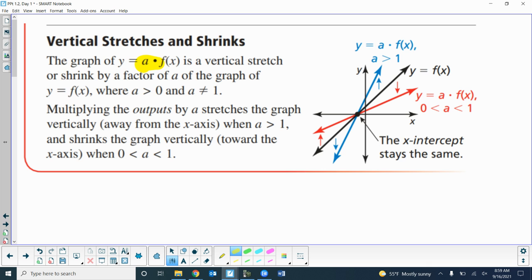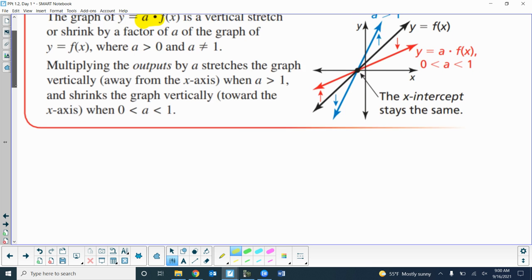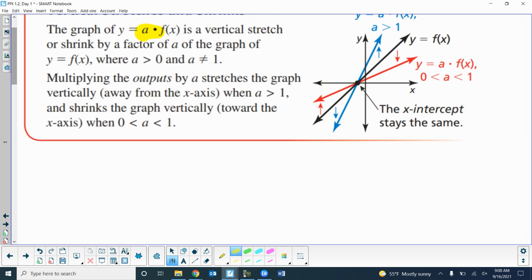Okay? Factor bigger than 1 for the stretch, and for the shrink, it's between 0 and 1, like a fraction, right? We've been using fractions so far, right? All right, so again, this is similar to what we've already done. We've been graphing these, but now we are actually writing the equation.